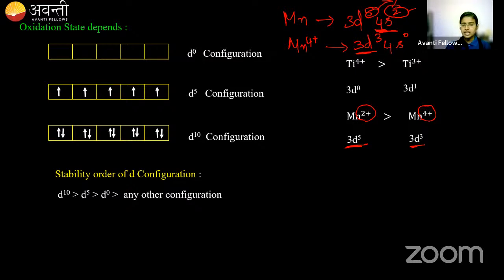Now if you compare 3d5 and 3d3, 3d5 is more stable because it is half filled. So manganese 2 plus is more stable compared to manganese 4 plus. Got it? By seeing the electronic configuration only, we are determining the stability of that particular ionic species.